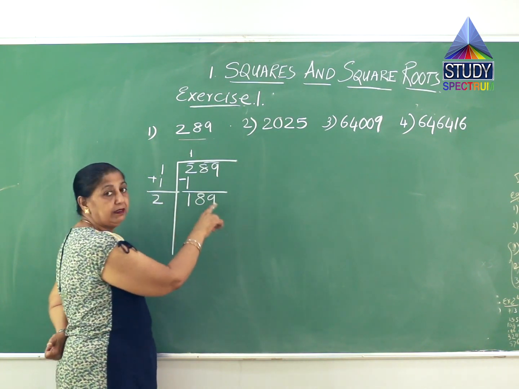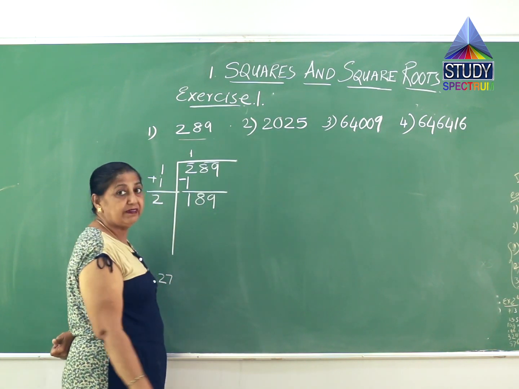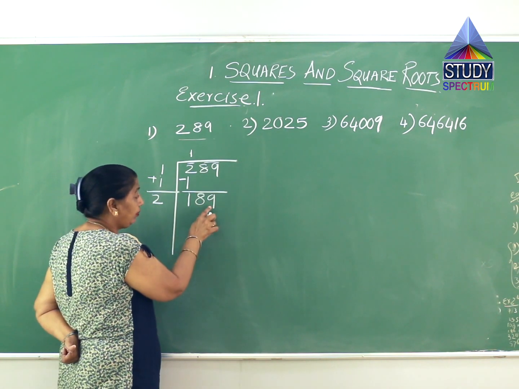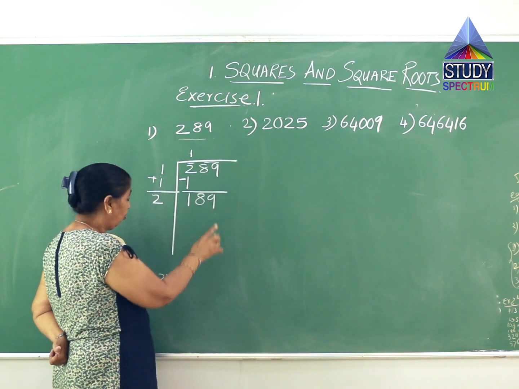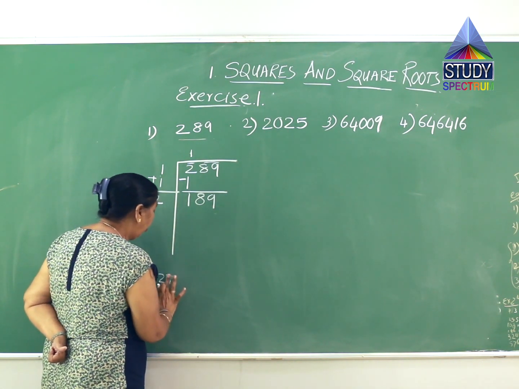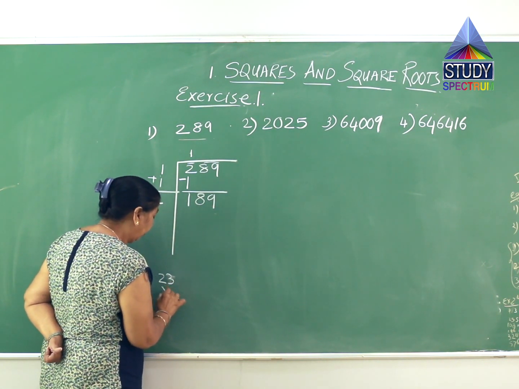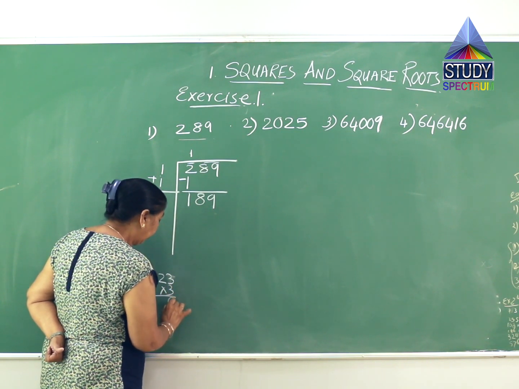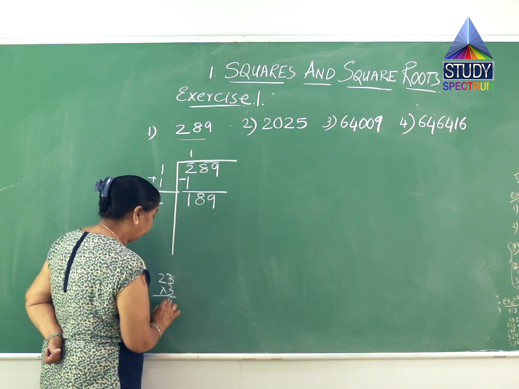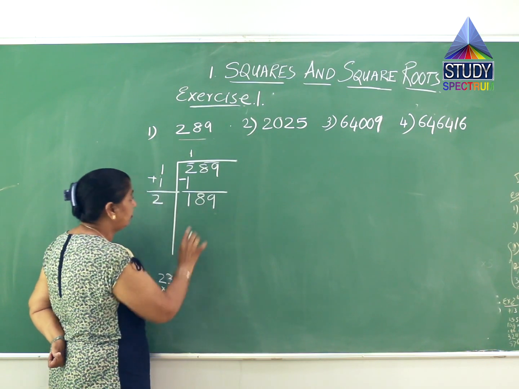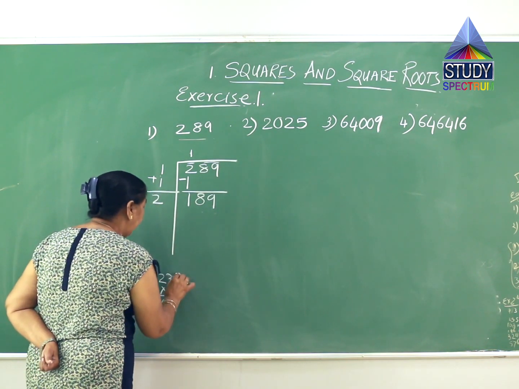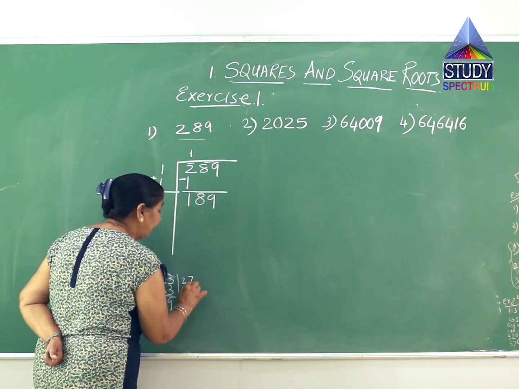I know 9. For perfect square, 7 is 49. So in unit places, 9 is there. So always try with 3 or 7. If I try with 3, it will give me 3 3s are 9 and 3 2s are 6, which is less than this. So next number I can try with 7.